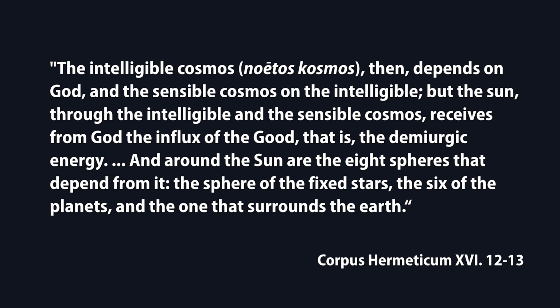But the sun, through the intelligible and the sensible cosmos, receives from God the influx of the good, that is, the demiurgic energy. And around the sun are the 8 spheres that depend from it: the sphere of the fixed stars, the 6 of the planets, and the one that surrounds the earth."